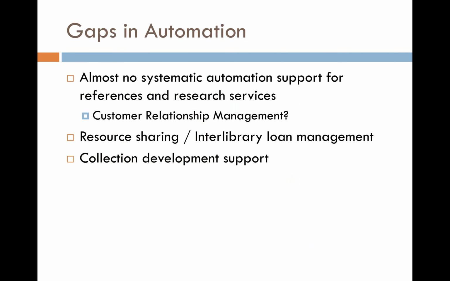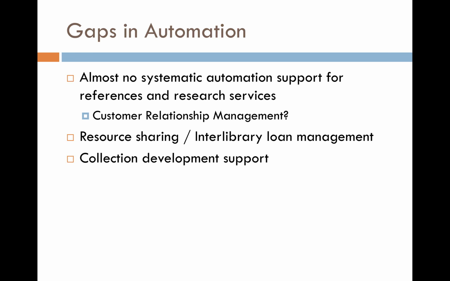And despite all of that, there are a lot of pieces of what academic libraries do that are entirely unautomated. What kind of automation support is there for the provision of reference information services? You know, how many reference departments simply just use tick marks to measure the questions that are asked? That's not the kind of customer relationship management that you would see other places.